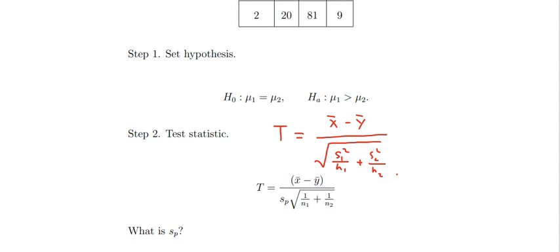Or we can use x bar minus y bar over SP times the square root of 1 over N1 plus 1 over N2.